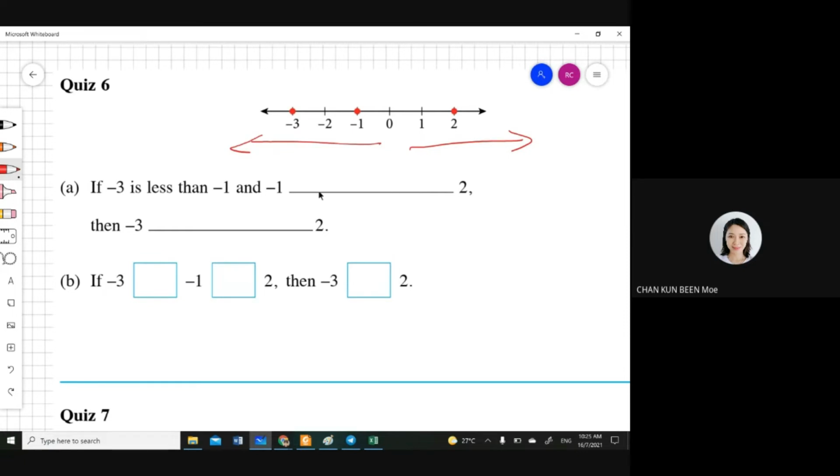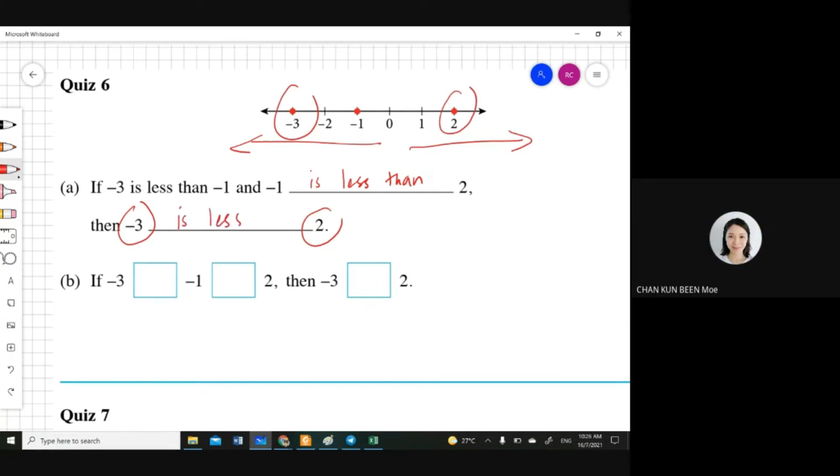Okay, if -3 is less than -1 and -1 is less than 2, what should we fill in here? Less than. Then now they compare -3 and 2. So what is the conclusion here? Less than. Very good.